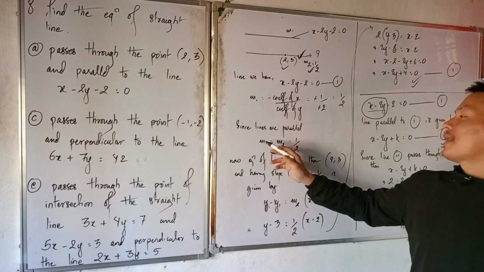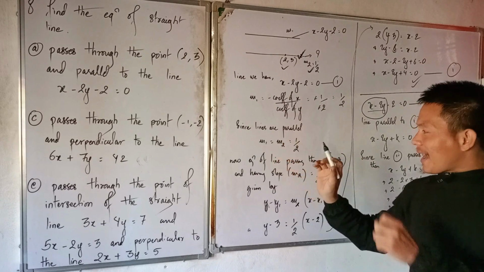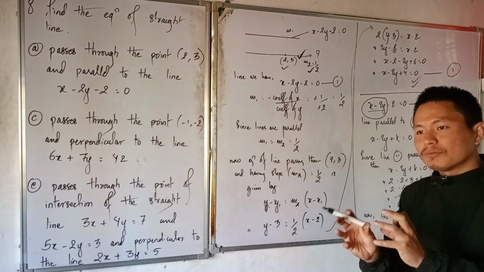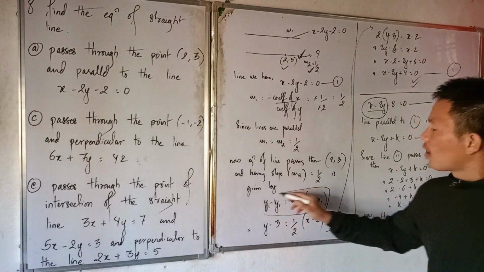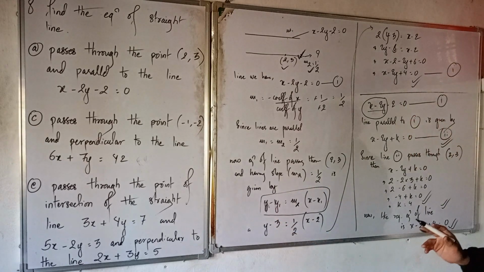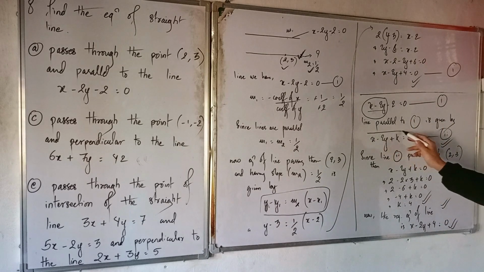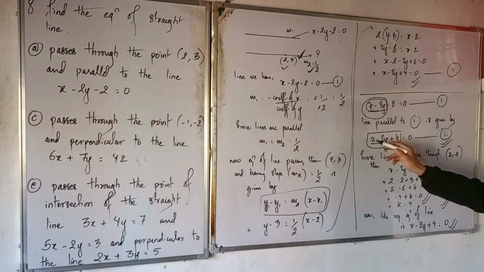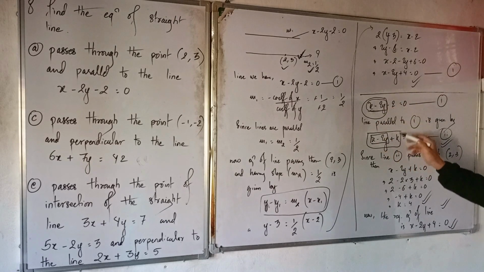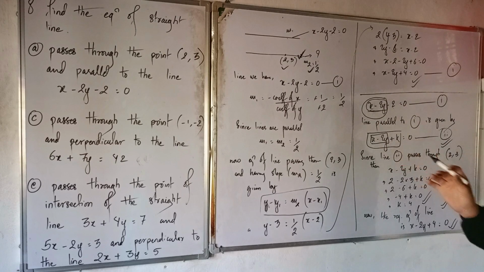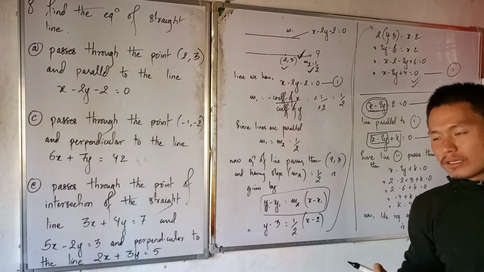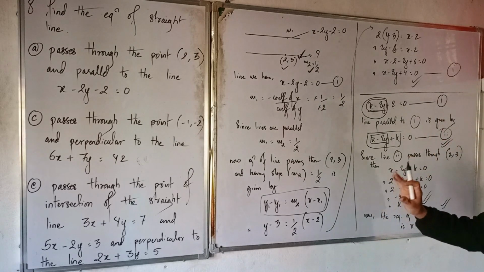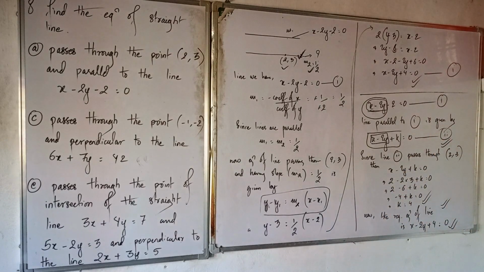If perpendicular, then m1 times m2 must equal minus 1. Or you can also use the other method: in the case of parallel lines, the x and y portion remains unchanged and only the constant term changes. I will tell you what happens if it is perpendicular. I hope you have understood this.